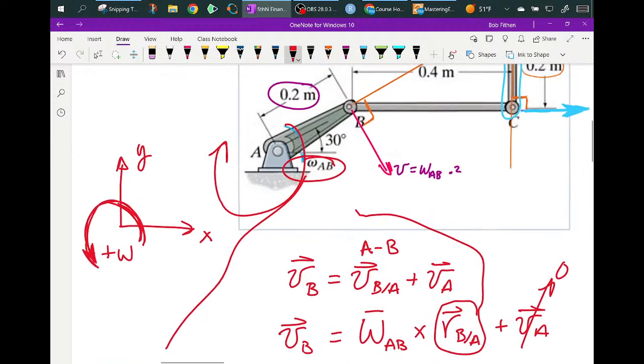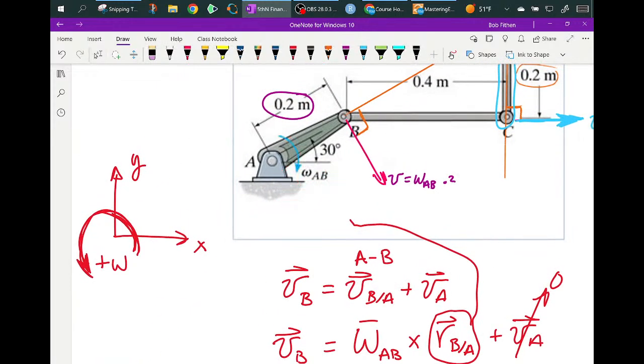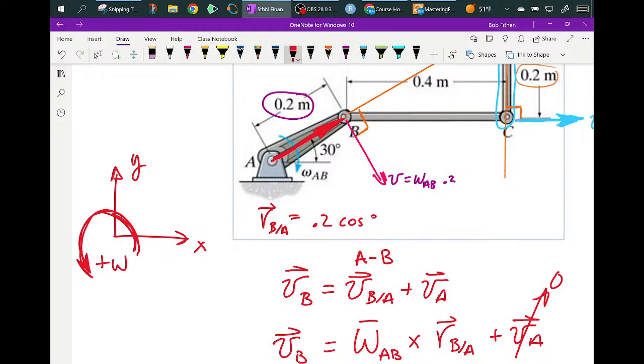You need a vector which basically starts at A, goes to B. So R, drawn to B, originating from A, is equal to 0.2 cosine 30 I plus 0.2 sine of 30 J.